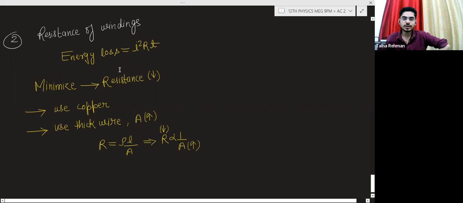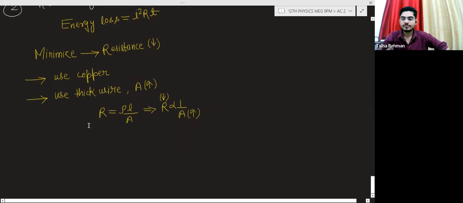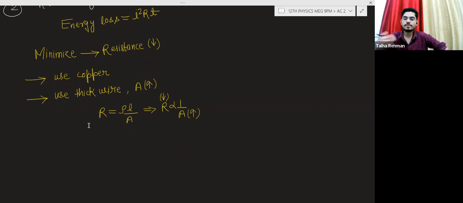So basically we use thick copper wire. We cannot use copper beyond a certain limit because copper is so costly.